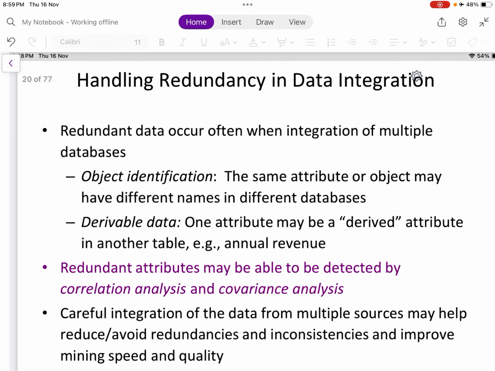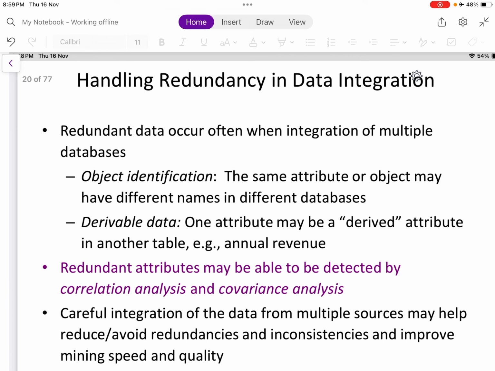Handling redundancy in data integration. Redundant data often occurs when integrating multiple databases.